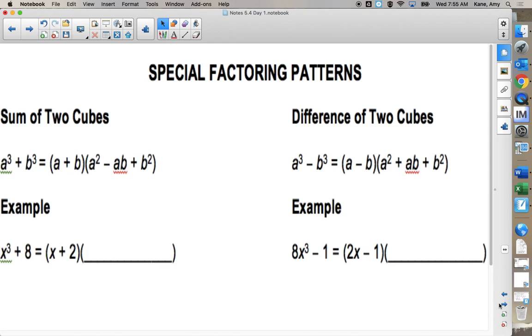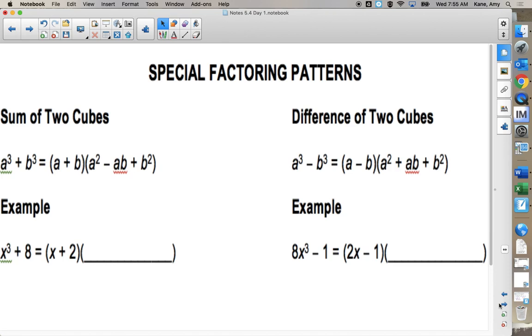So math has a lot of different patterns in it. Geometry had different patterns in it, but with algebra and x terms, there are more than just terms that are squared because they could be cubed, they could be to the 4th, they could be to the 6th, so my powers can change. And if they meet a special pattern, then we have a way to factor them.